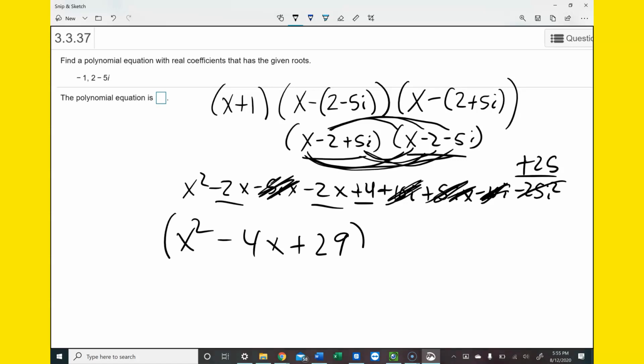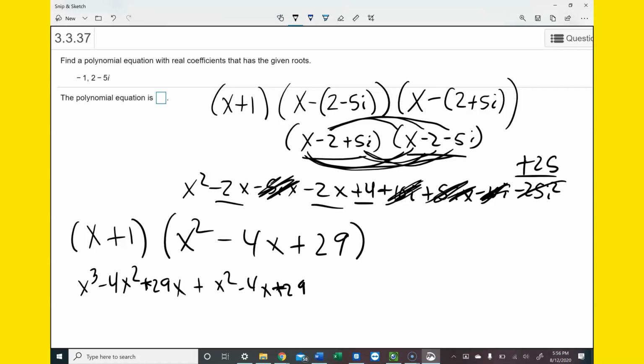Then one more little bit of distributive property coming up. I also have to distribute the x plus 1 with that to finish. And that's going to be x cubed minus 4x squared plus 29x plus x squared minus 4x plus 29. And let's see if I can combine terms.